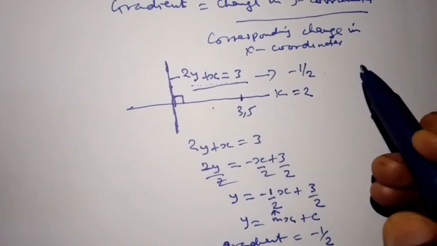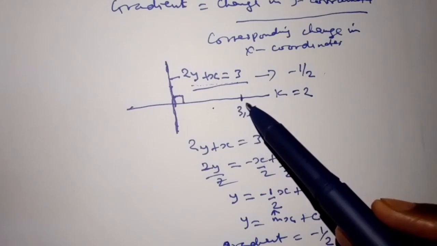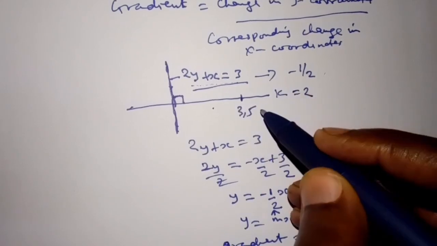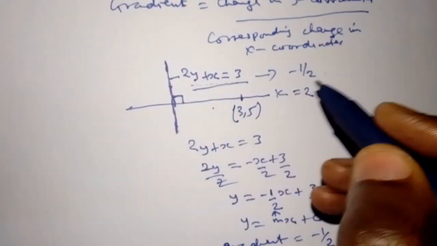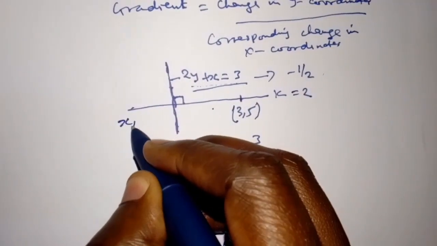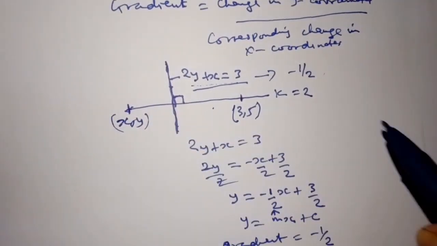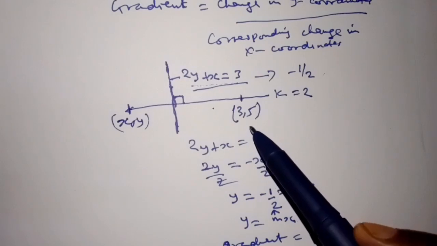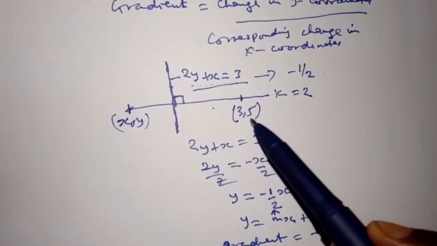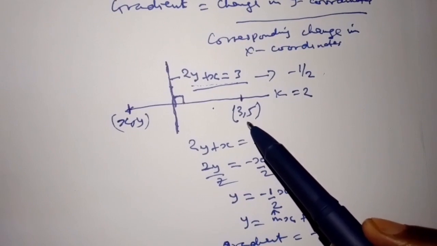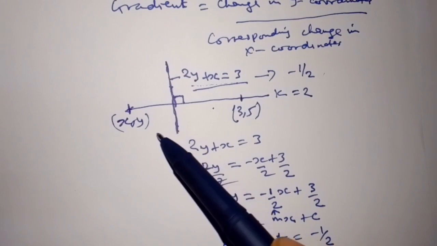So now the point passing through this line, one of the points is 3, 5. We can make another point here, x, y. So in order for us to find the equation of this perpendicular line, we have to find the gradient.